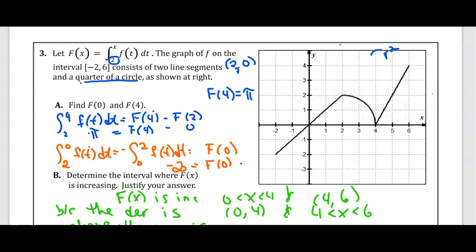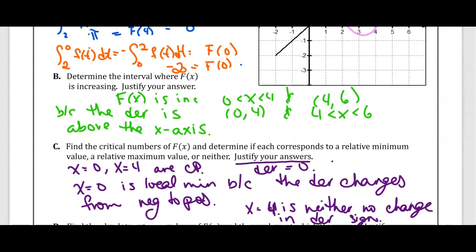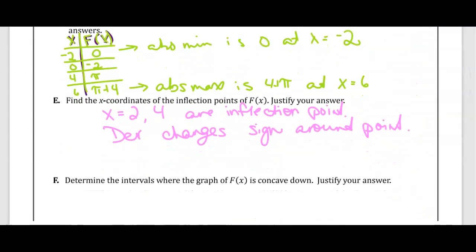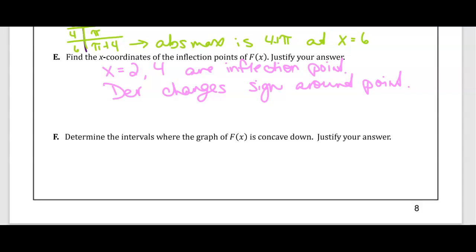The only section where the slopes are going to be negative is right here. These slopes are going down, so that means that my derivative is negative, and that means that the original is then concave down. All right, so we're going to say 2 to 4 is concave down. Reasoning: the first derivative is decreasing.